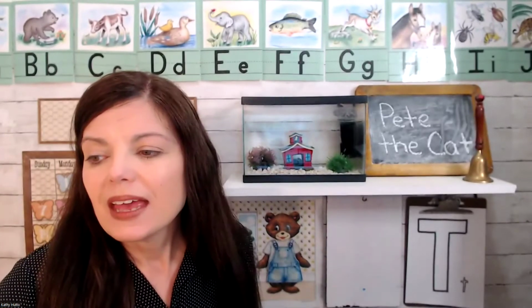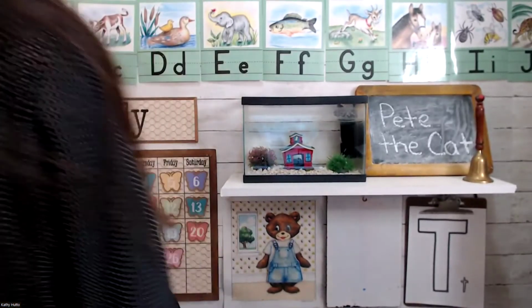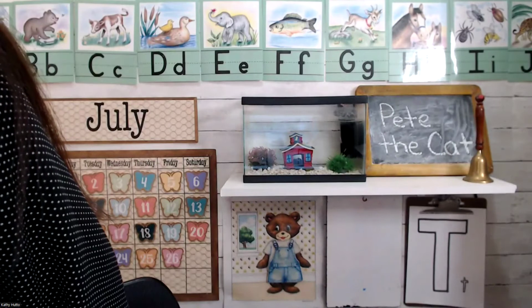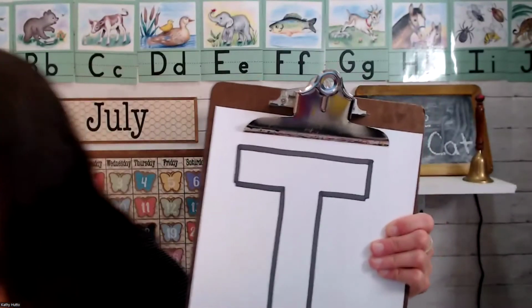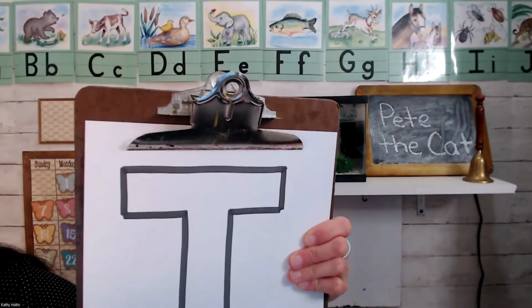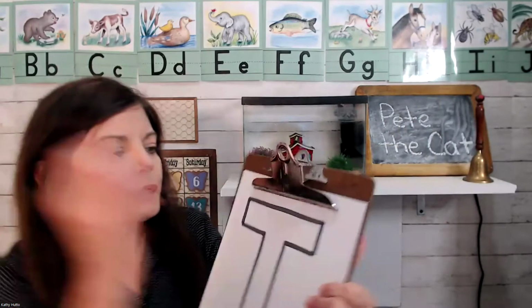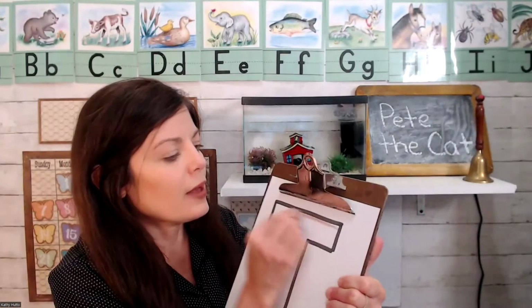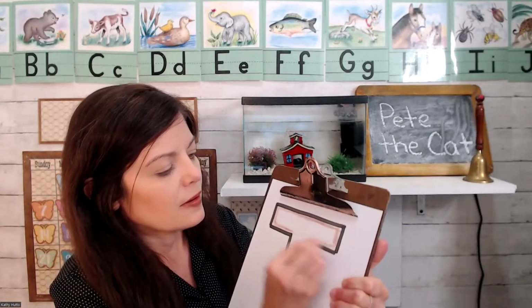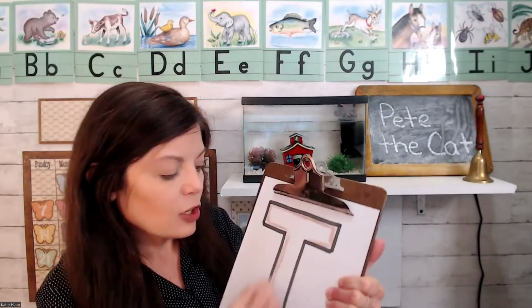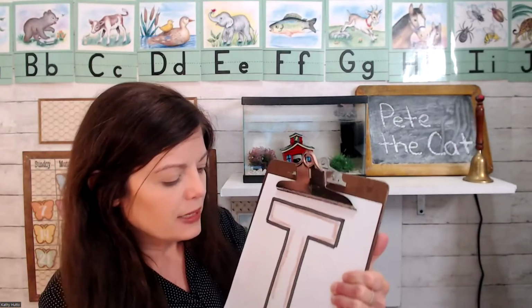Well, today T is for toppings. We put toppings on our pizza, and we're going to decorate our letter T to look like a pizza. So the first thing I'm going to do is color brown around the edge, like the crust of the pizza.